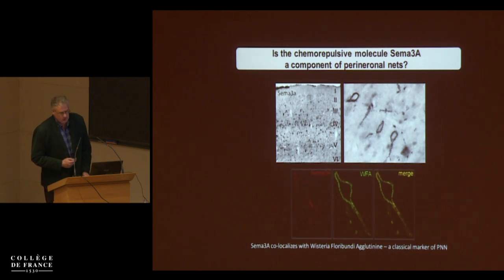Based also on his advice, we used a number of markers to co-stain semaphorin 3A, for instance, with WFA, a classical marker of perineuronal nets, and there was actually very nice overlap between SEMA3A immunocytochemistry and WFA staining.